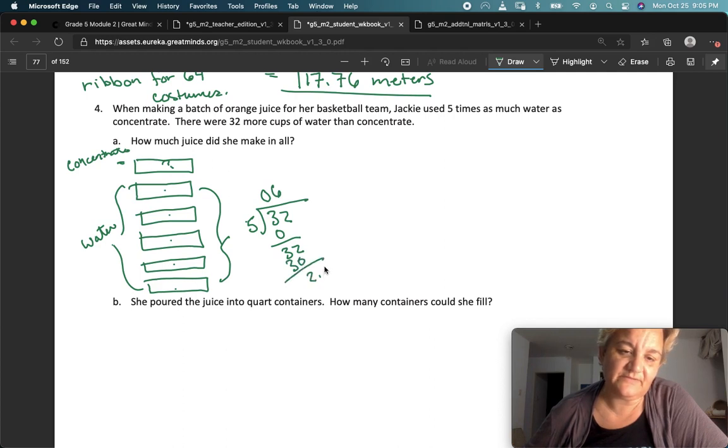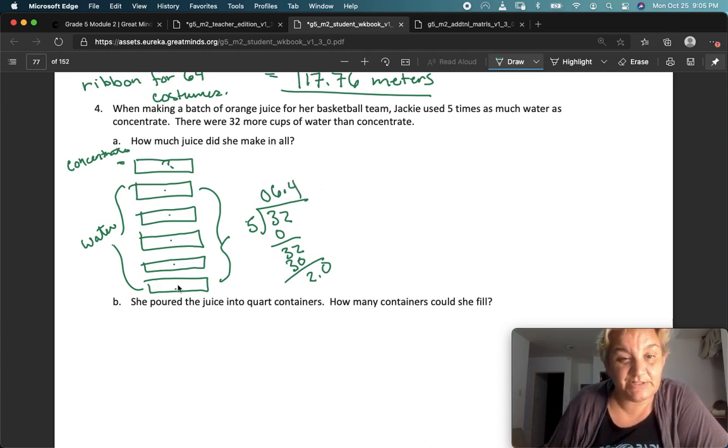I'm going to have 2 left over. 5 goes into 20 4 times. Okay, so each one of these should be 6.4 cups. Let's see.